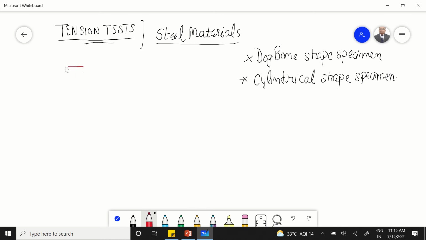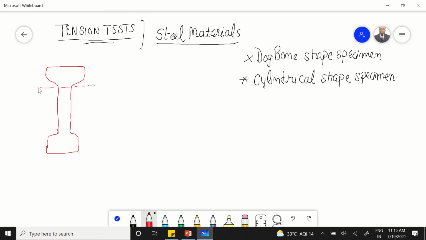Now, diagrammatically, dog bone actually looks like this. There is a reduction in area at this point. It looks like this. Now if you see this, this is being divided into three regions.